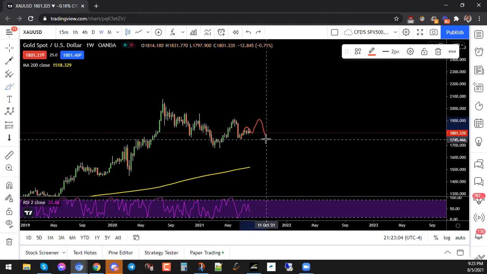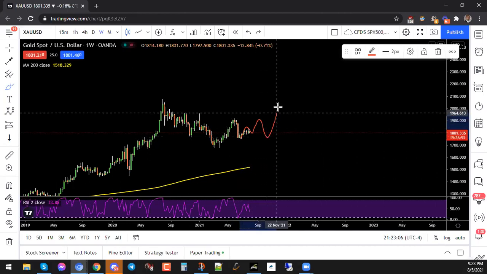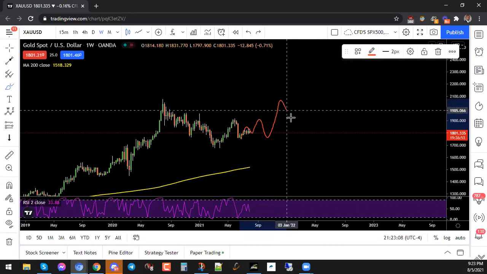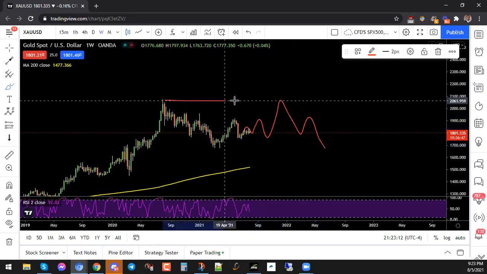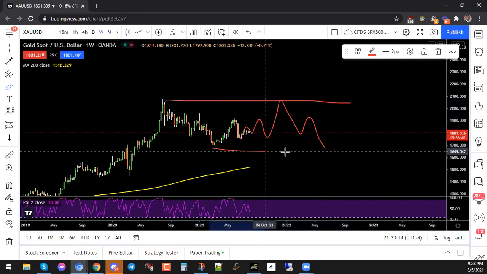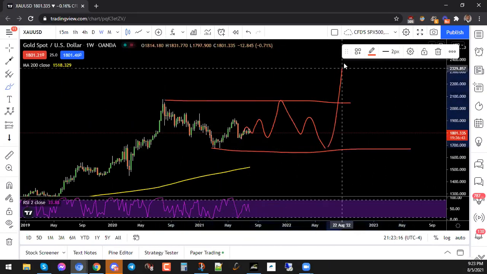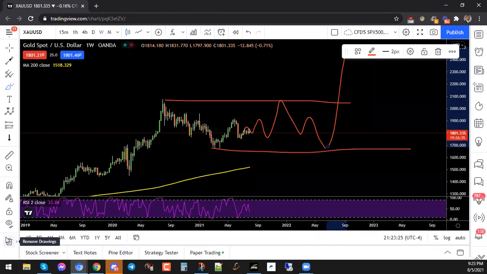You get another wave down like that, another wave up like this, another wave down like that, making this a bigger flat formation like this. And then we still take off to the upside. So whatever price is doing, it's building a formation for upside. Okay, that is most likely what we're going to see. A formation constructed for upside.